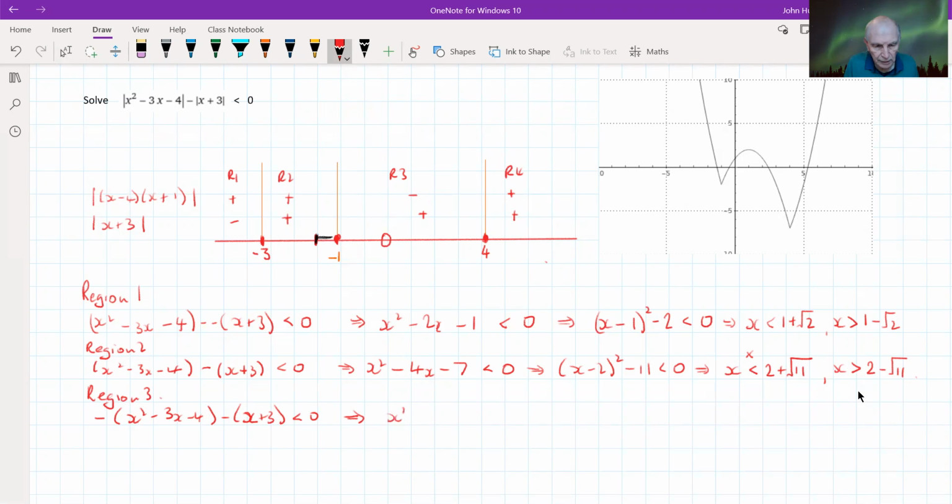It's going to come through to x squared minus 2x minus 1 is greater than 0. This is a negative x squared here, so I've changed the sign, so that's why we're looking at greater than 0. Okay, so again, completing the square, x minus 1 squared minus 2 is going to be greater than 0.